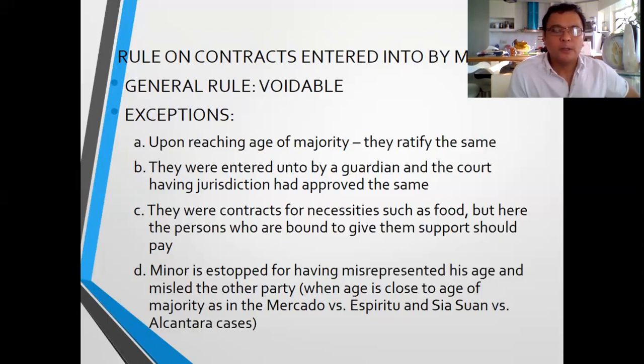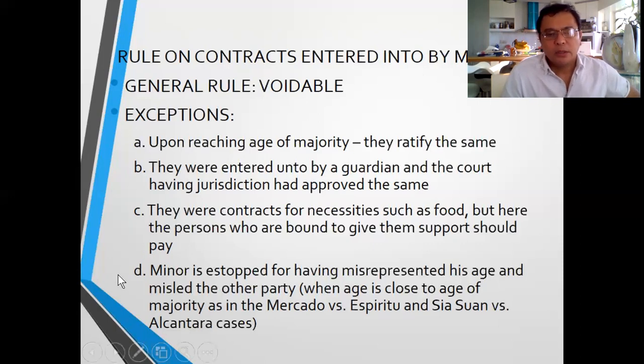Books are considered necessities, as part of education. So the rule on minors, the prohibition to enter a contract, is not absolute but relative, because there are cases where the minor enters the contract and the contract is valid.